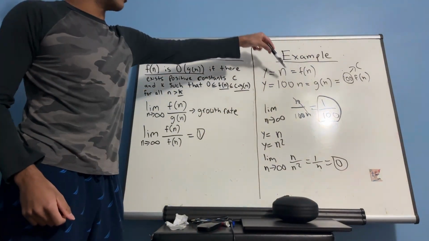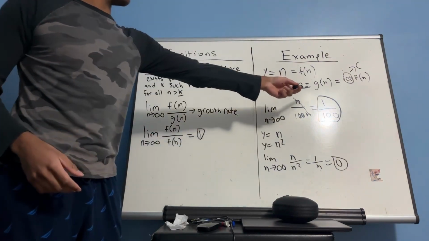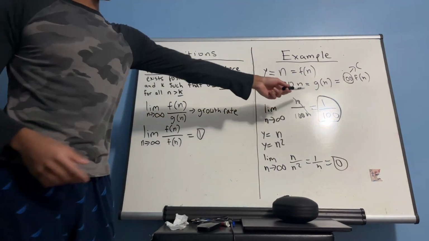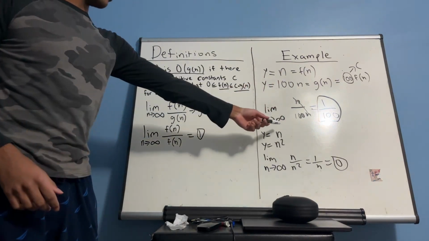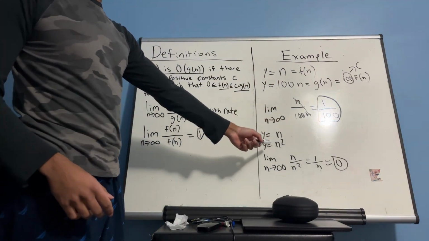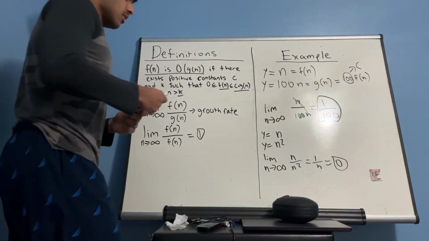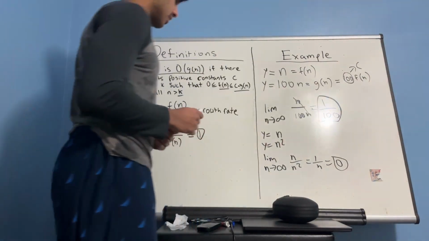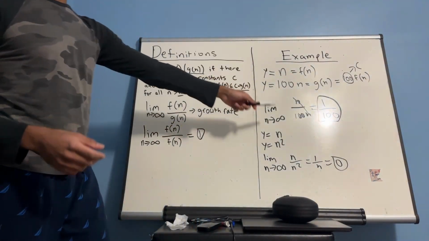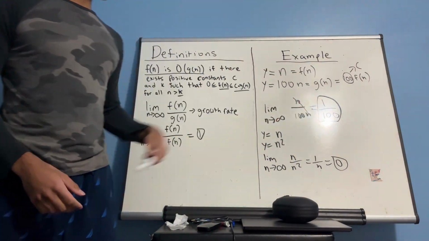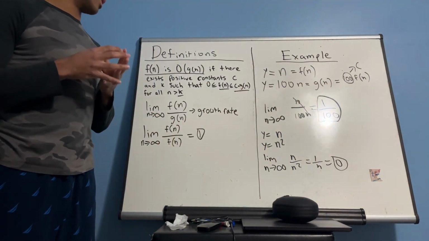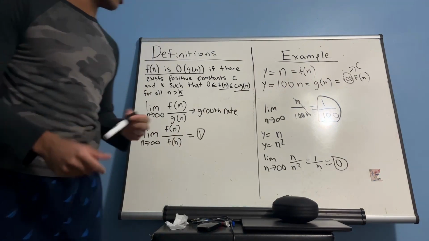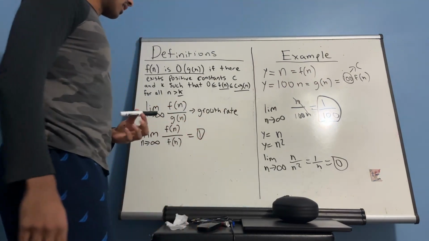With two linear functions, the growth rate is always going to be linear by some constant factor, which is that one right there. And if you take two functions that have a different growth rate, you'll get something other than a constant, which just means that the constant is not factored into a type of equation that's the same. So that's how you do it using calculus.